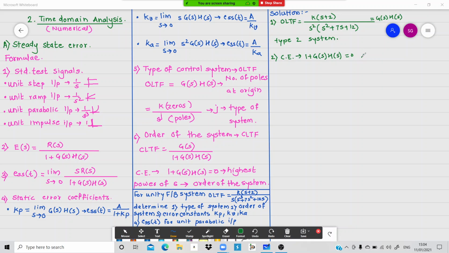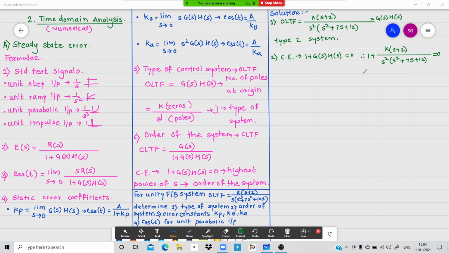So that means I can write 1 plus K(s plus 2) upon s square plus 7s plus 12 equal to 0.